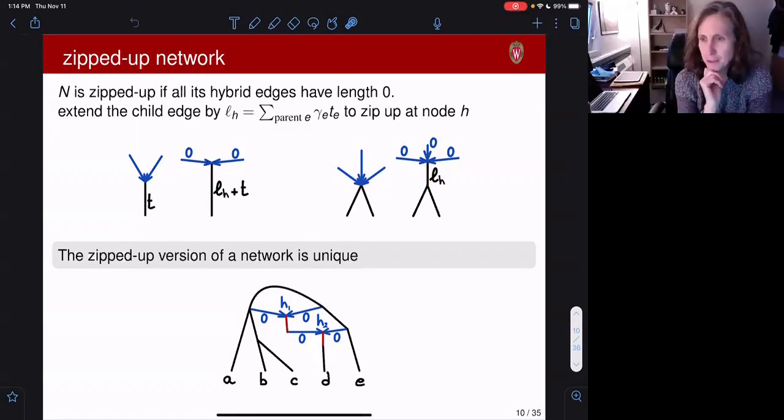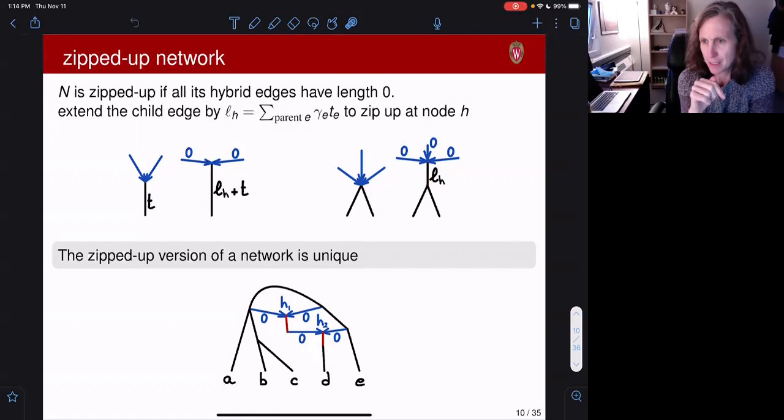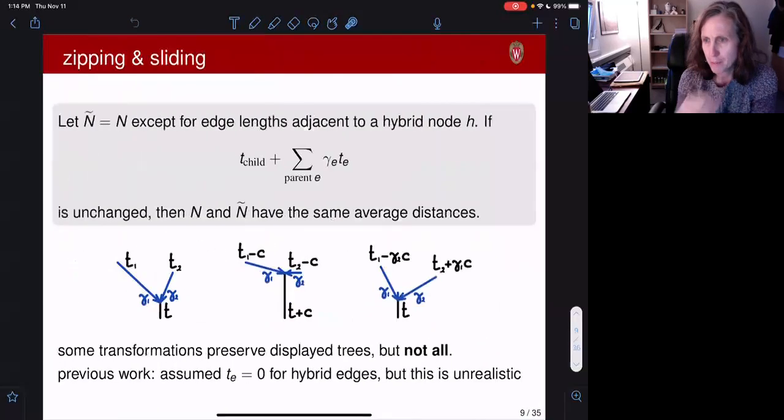Cécile, I'm sorry, I'm taking advantage of your kind offer. Did you say that the networks were binary? Not necessarily. Okay, so when you zip up, if you had a third edge coming into the hybrid node, can you just explain what the zip up would do? Thank you.